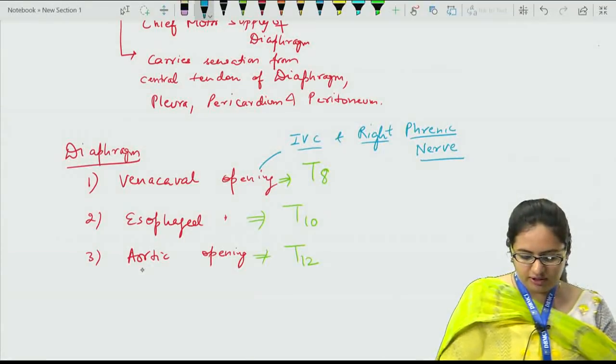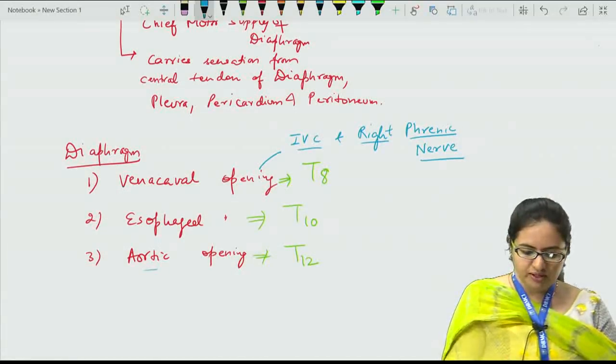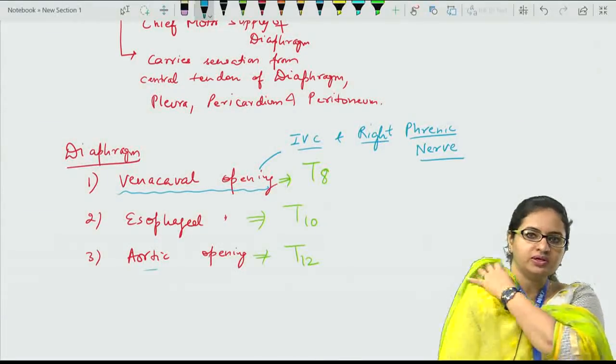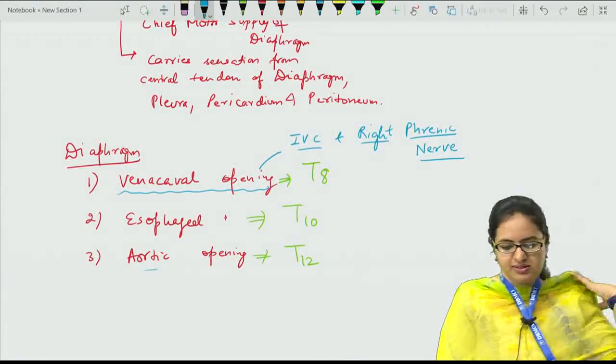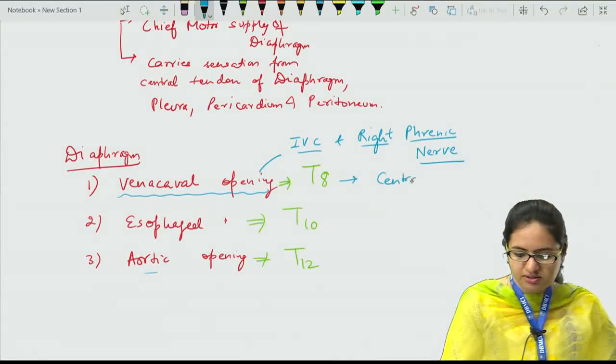Through the aortic opening pass the aorta, the thoracic duct and the azygos vein. The vena cava opening is located at the level of the central tendon.